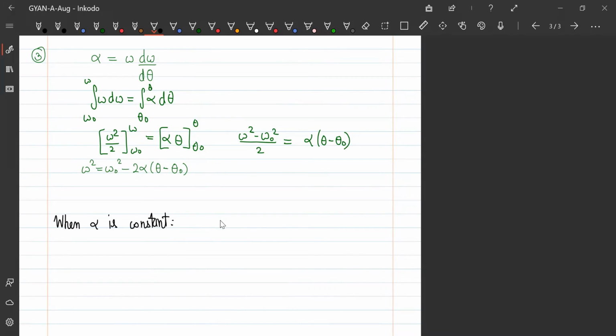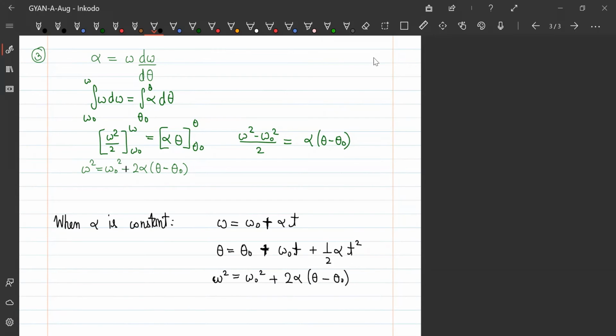If alpha is a constant, then omega is equal to omega naught plus alpha t. पहला relation आ गया. Second relation is theta is equal to theta naught plus omega naught t plus half alpha t square. और थर्ड रिलेशन आ जाएगा: omega square is equal to omega naught square plus 2 alpha into theta minus theta naught. Like that.